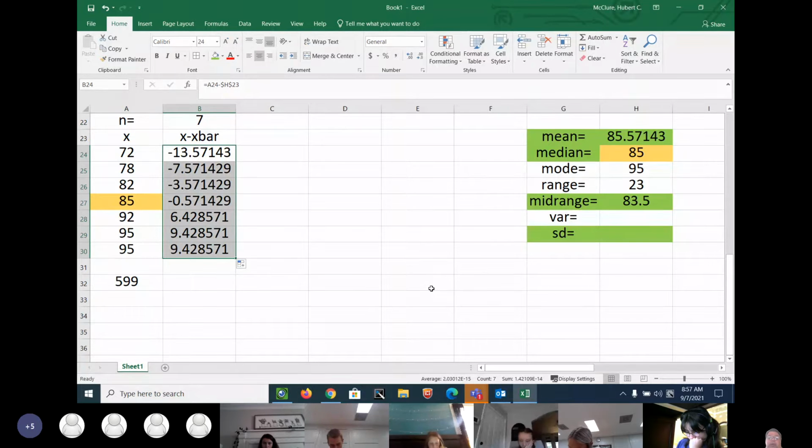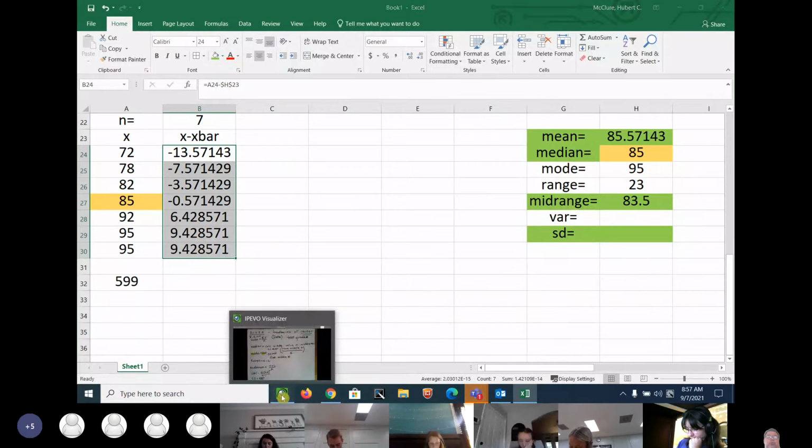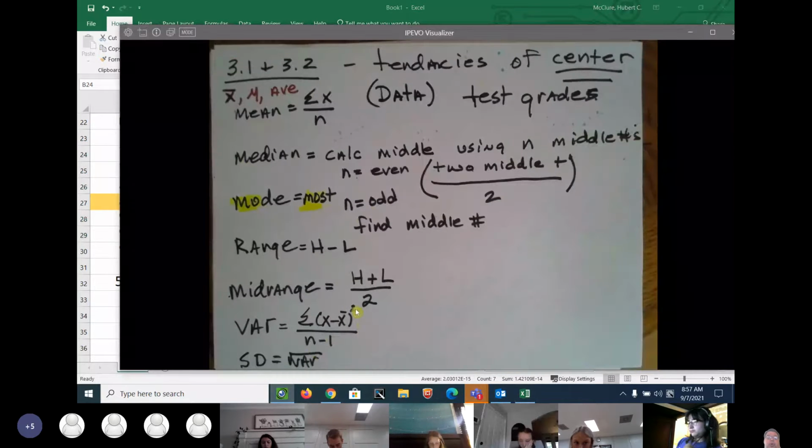Now, somebody look back at the formula. What are we going to do to X minus X bar? So what are we going to do to X minus X bar? Square it.